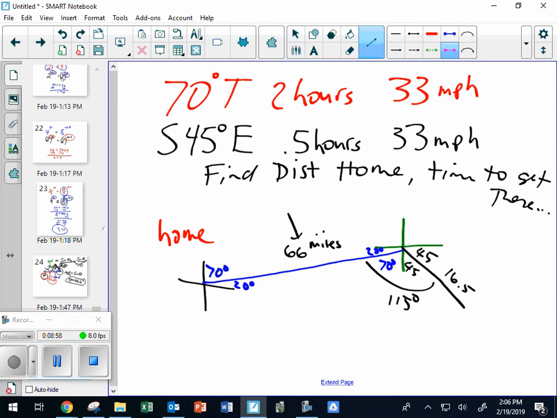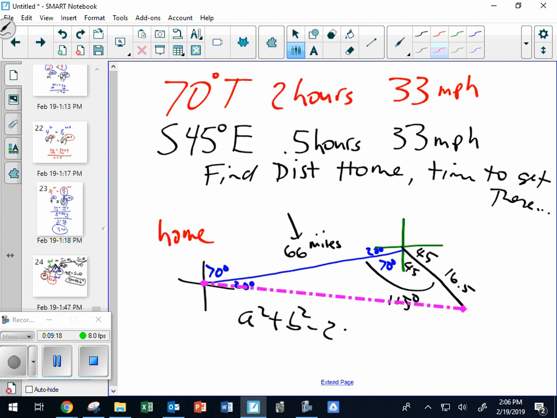I hope you know how to use the law of, do I have an angle and the side across from it? No, I just have an angle and sides on each side of it. Law of cosines. And that's a squared plus b squared minus 2ab cosine of big C equals c squared.